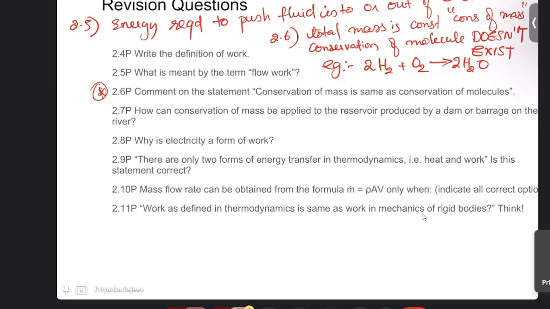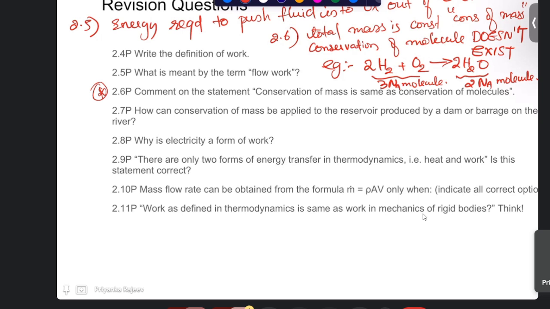That means before the reaction there were three molecules. Actually, it is three times NA, the Avogadro number. The stoichiometry is three. Then you have only two NA molecules after the reaction, which does not hold this conservation of molecules idea, because there is nothing called conservation of molecules.